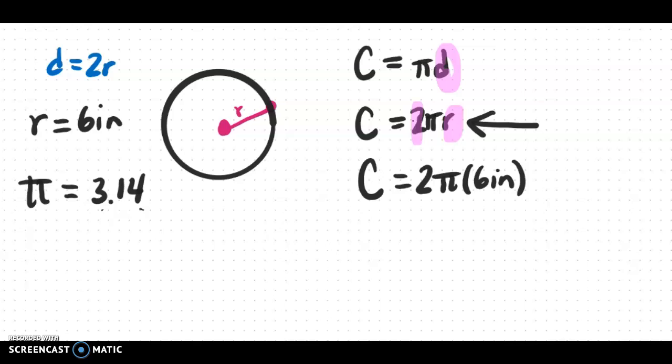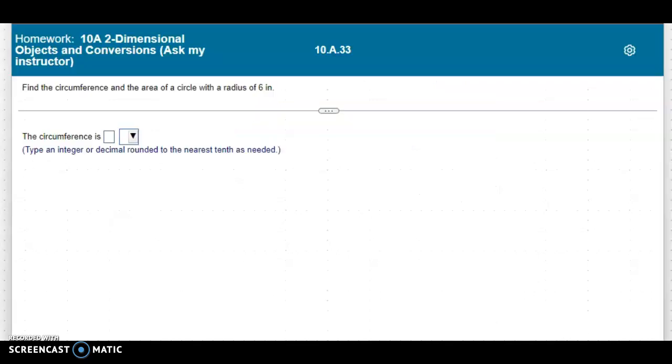And if they don't, we can use pi and we should be able to get the correct answer. Sometimes if you use the rounded 3.14, your answer will be slightly off because of a rounding error. This one doesn't tell us to use 3.14, but it does say to round to the nearest 10th. So at the end, I am going to round my answer to the nearest 10th.